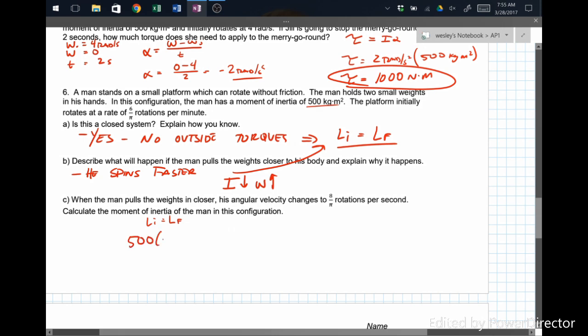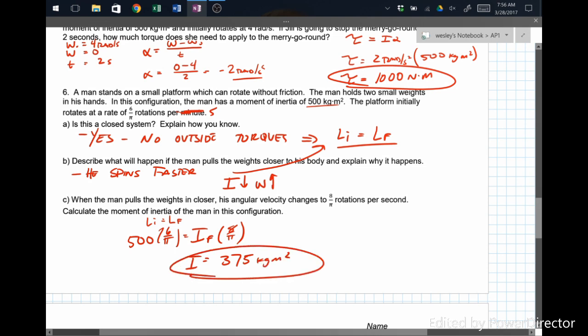So 500 times pi over 6 rotations per second is equal to I final times 6 over pi, 8 over pi rotations per second. So I final, you divide those things out, comes out to be 375 kilogram meters squared, which is what we expect. We want I to go down.